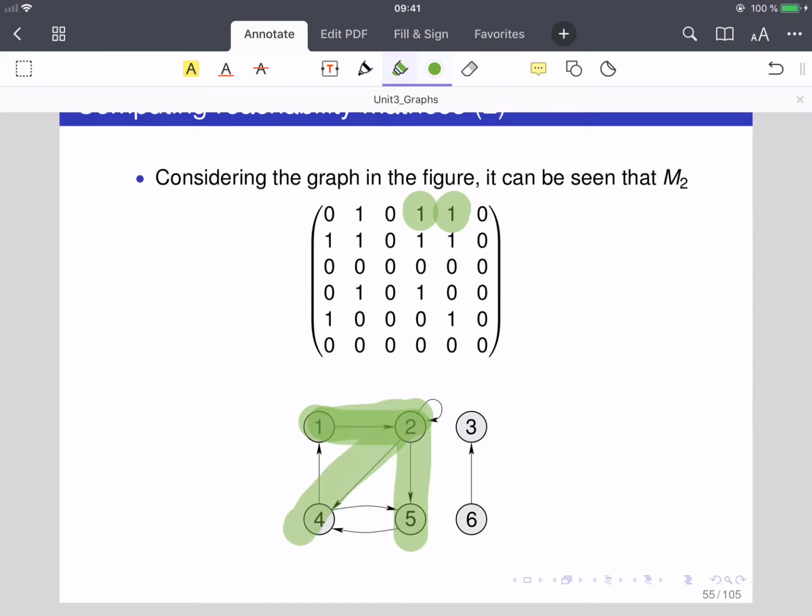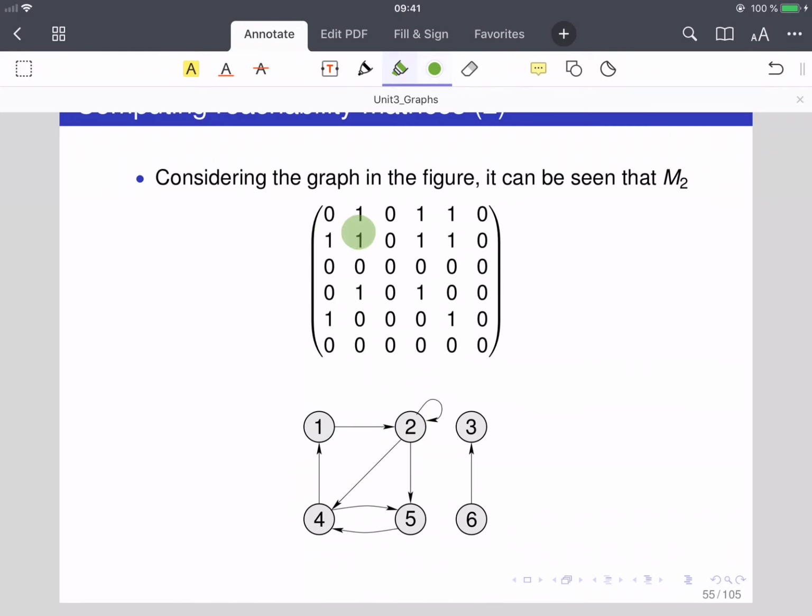And following this procedure with an enumeration of all the paths of length 2, we can easily, or well, not so easily, but we can fill in all these matrices here. For instance, for this position, notice that I can go from 2 to 4 and then to 1.